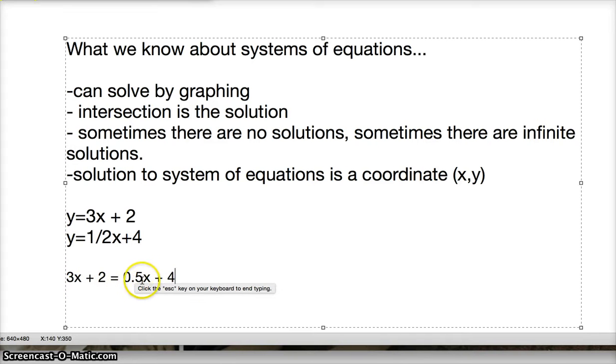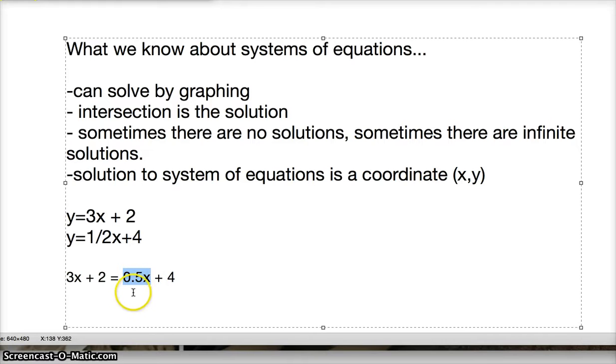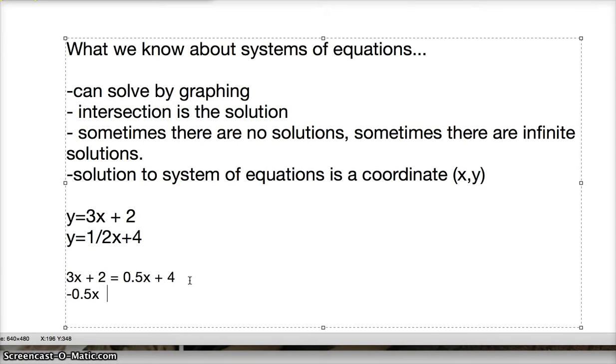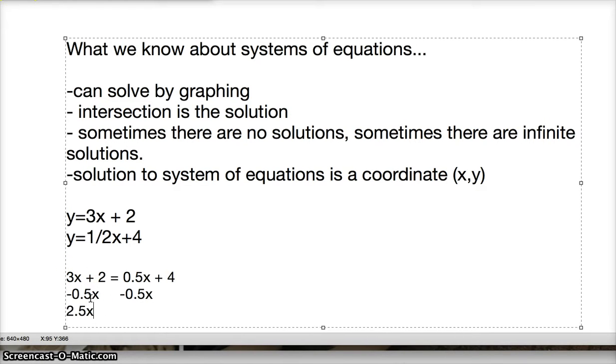I always choose the one that has the smaller value to move that one over. This is a positive 0.5, so I'm going to subtract 0.5 from each one. So I'll do minus 0.5x, and on this side I'll do minus 0.5x. And 3 x's take away a half an x leaves me with 2.5 x's. And I'll bring down the rest that I haven't used, plus 2 equals 4.